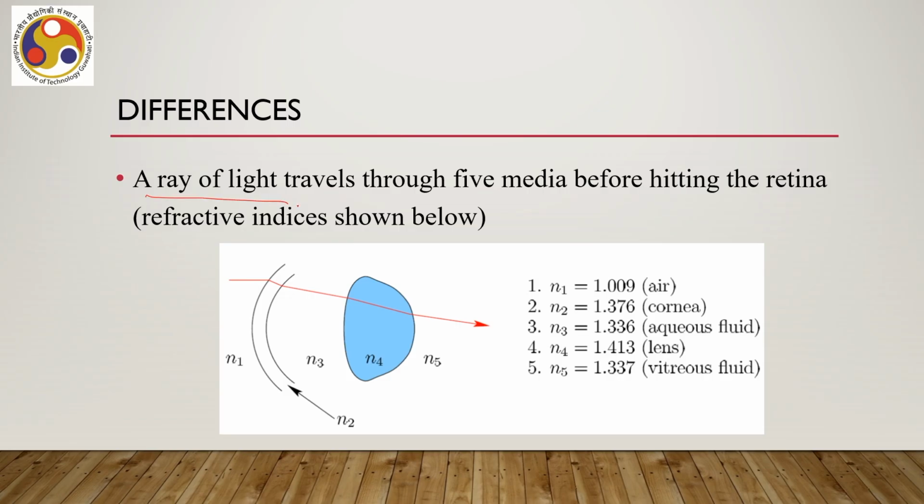A ray of light travels through 5 media before hitting the retina in the case of the human eye. Now, the idea is illustrated here.